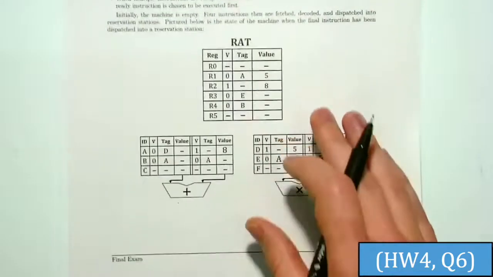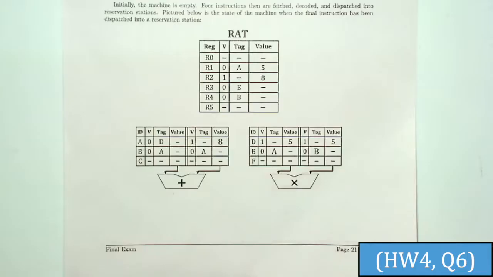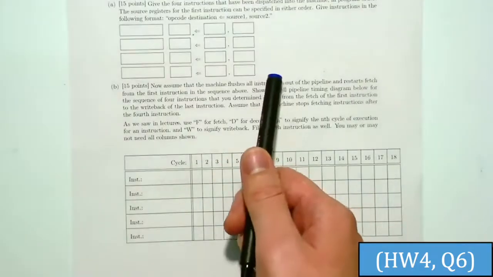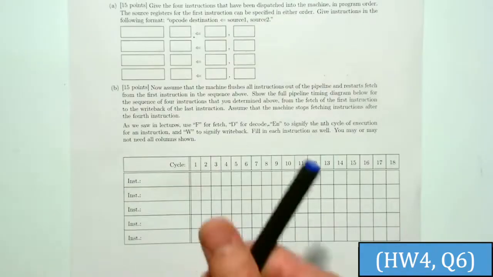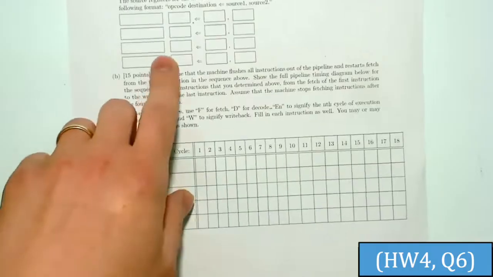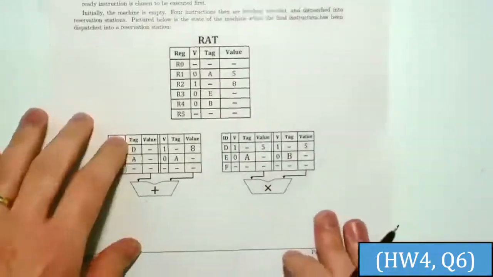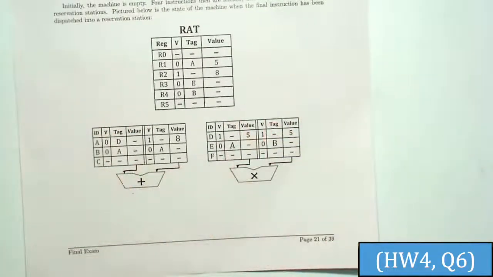So this is the state of those structures after dispatching all of those 4 instructions. And dispatch happens during the decode stage. It's also written here in the question. So the first part is to find out what those instructions are, including the destination register, the type of instruction, and the source registers. So I will fill this table here on this side so we can see everything in one place.